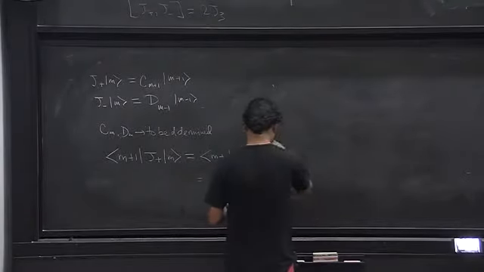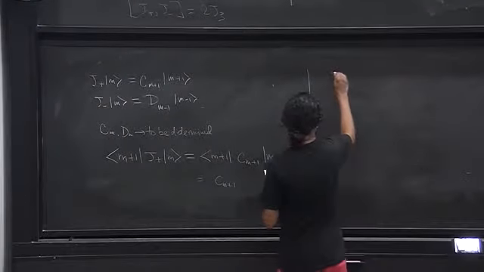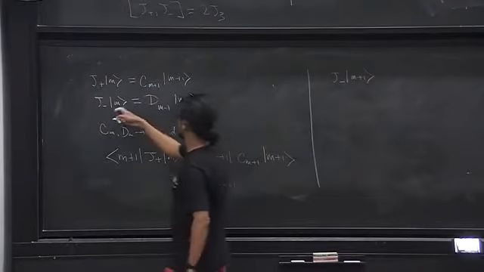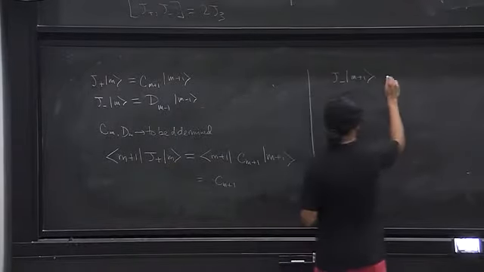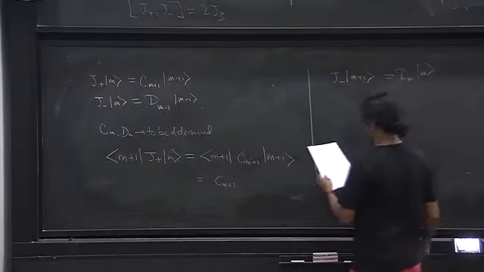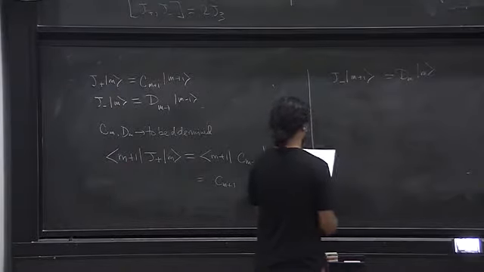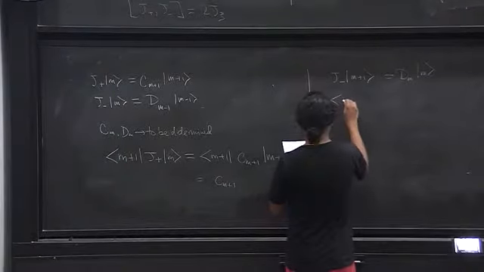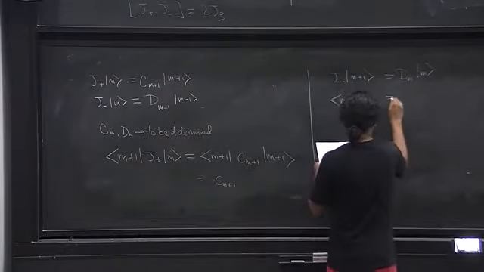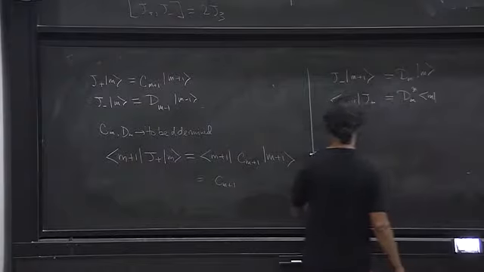And similarly, if I now consider J minus on m plus 1, then according to our definition of D, the right-hand side should give me D of m times m. Now if I take the conjugate of this, we get the bra of m plus 1, J plus, and then I get D star of m, the bra of m.